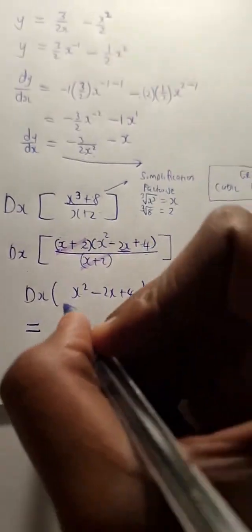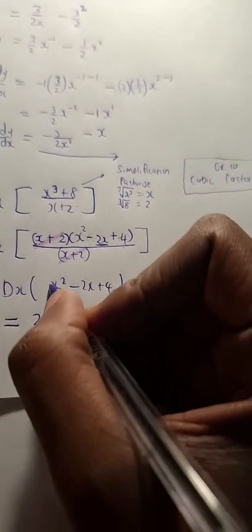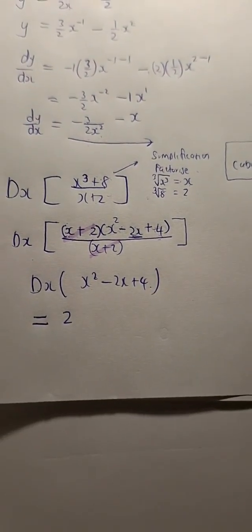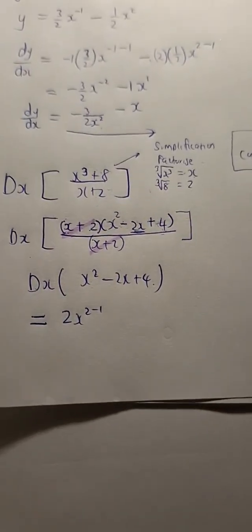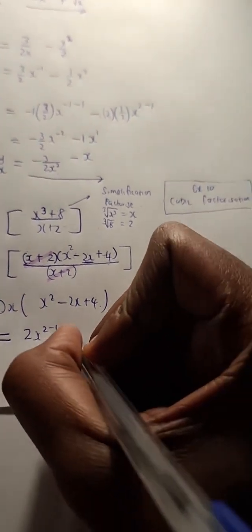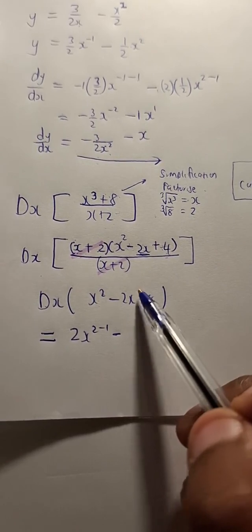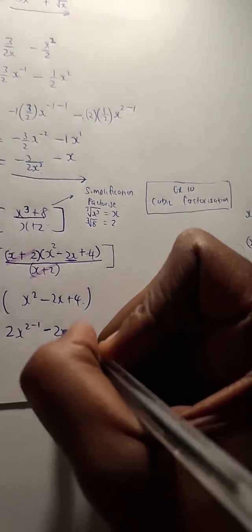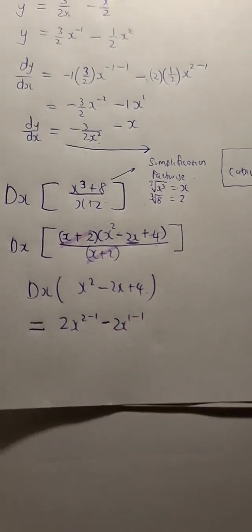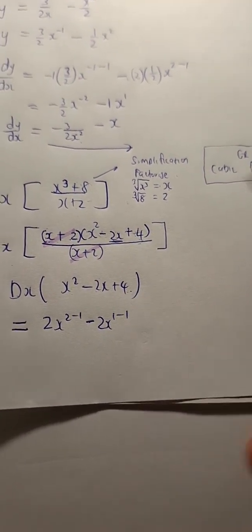So if we derive x squared, the 2 comes down, gets multiplied to the unseen coefficient, which is 1, but then we say x to the 2 minus 1. You see? Then the -2x: the exponent, the unseen 1, comes down, gets multiplied to -2, but then we say -2 times x to the 1 minus 1.